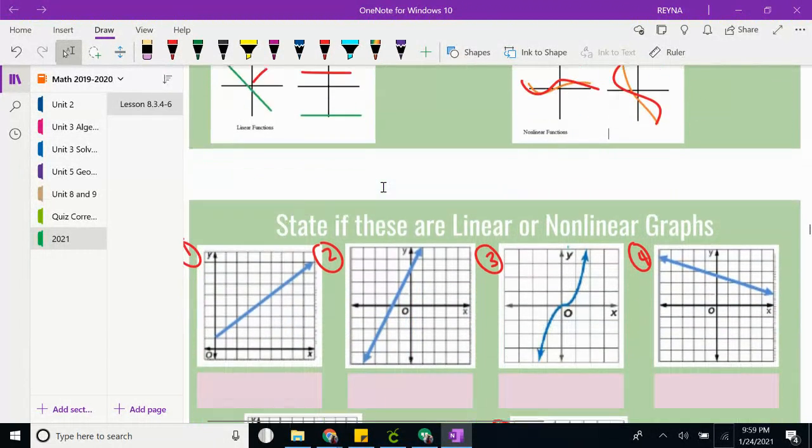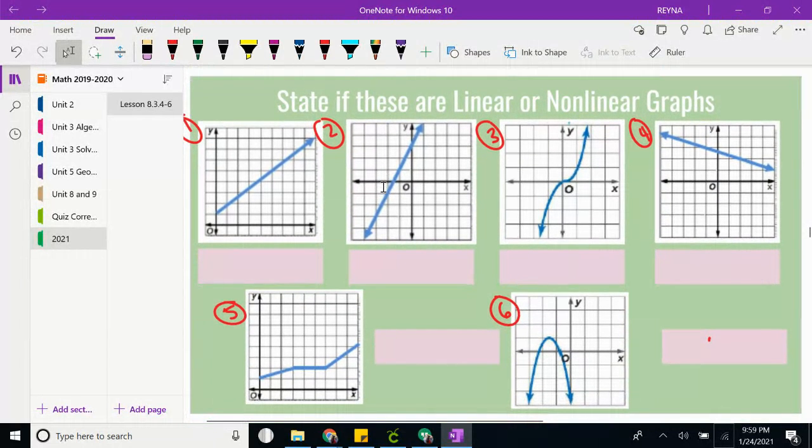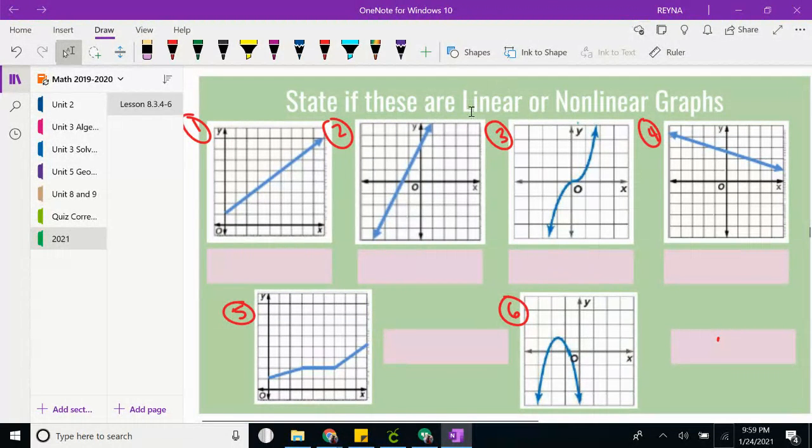So let's have you practice. You're going to determine if it is linear or nonlinear. So do you think graph number 1 is linear or nonlinear? Do you think graph number 2 is linear or nonlinear?